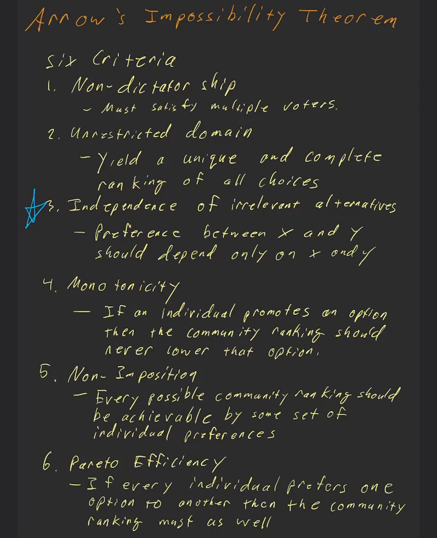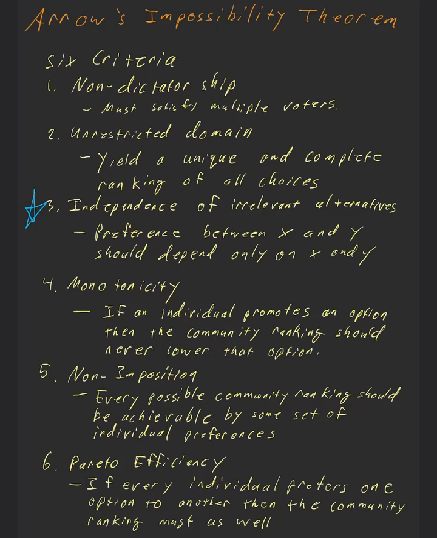Okay. Fourth is what we call monotonicity. That is, if an individual promotes an option within their rankings, then the community ranking should never lower that option. So it shouldn't be that I prefer something more, but that actually causes that option to become less popular. Fifth is what we call non-imposition. This is that every possible community ranking should be achievable by some set of individual preferences.